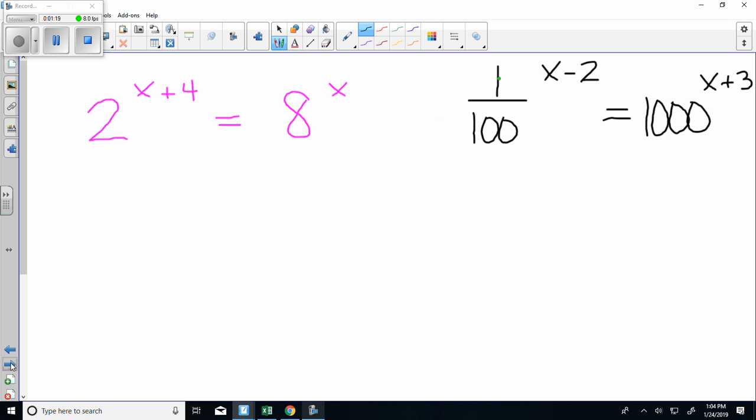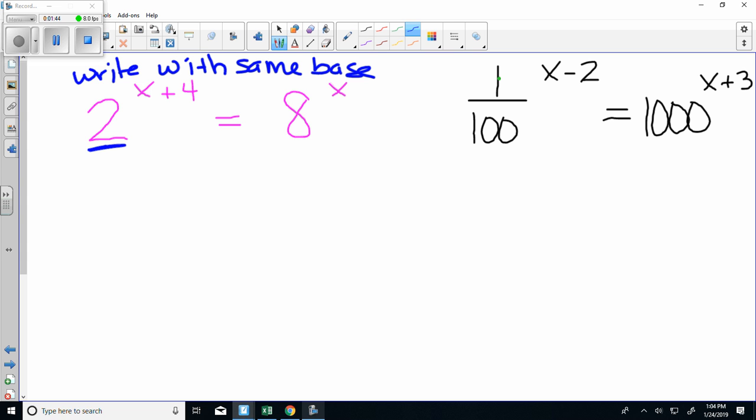Now then, when you're solving exponential and logarithmic equations, starting here with exponential equations, there are a couple of ways that this can be done. One is to write them with the same base.